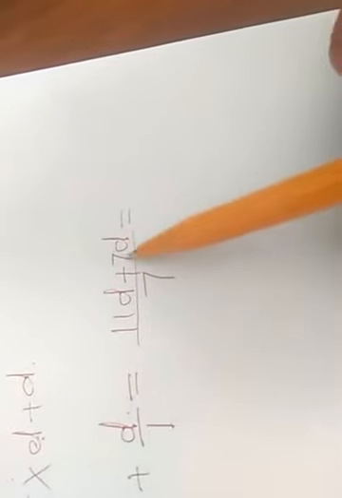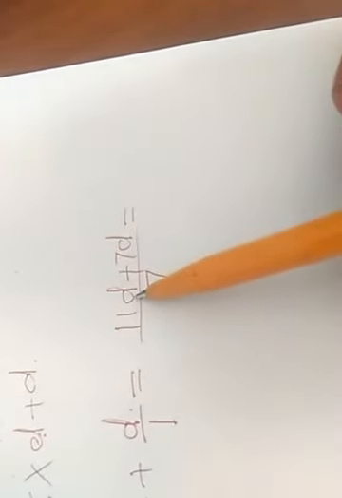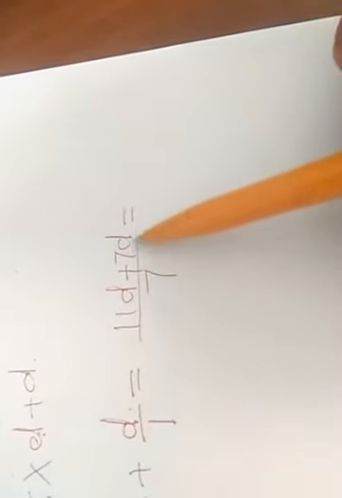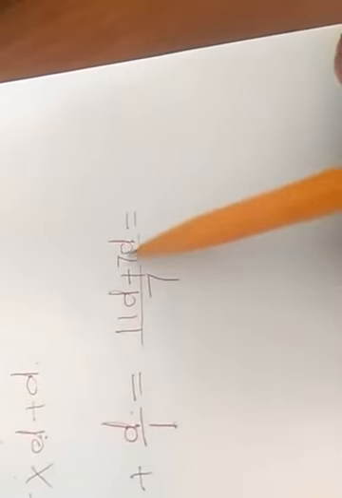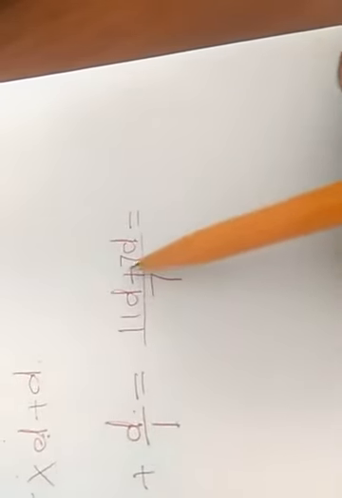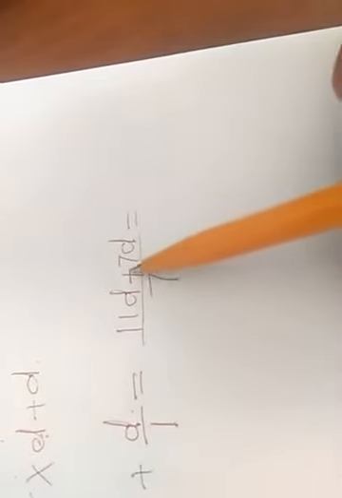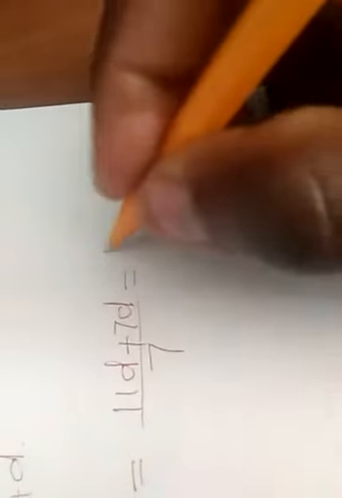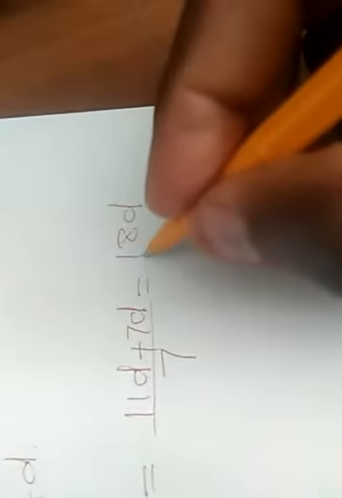And then you are going to have 11d plus 7d, which is the same as 11 plus 7, which is 18. So we shall have 18d. So 11d plus 7d is 18d all over 7.